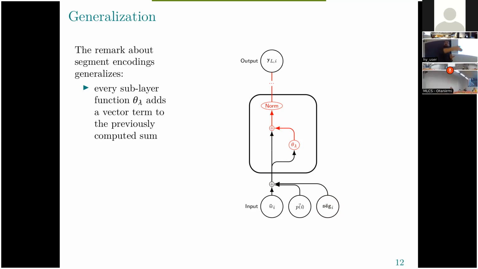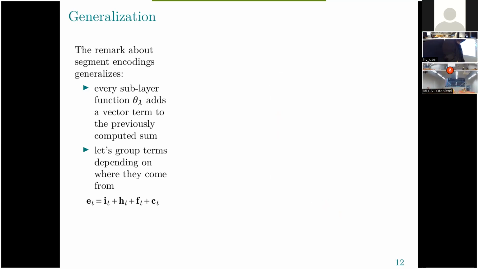The output embedding is therefore going to be a sum of the computation done through all the layers. One way we can look at that is by grouping these terms in a way that makes sense to investigate. What we suggested was to group them depending on where they come from.